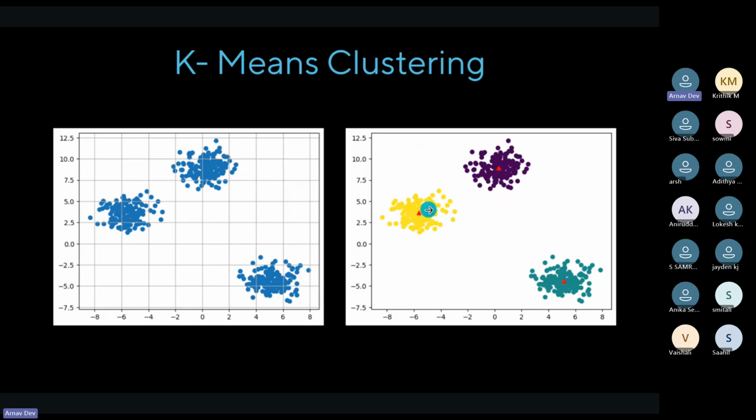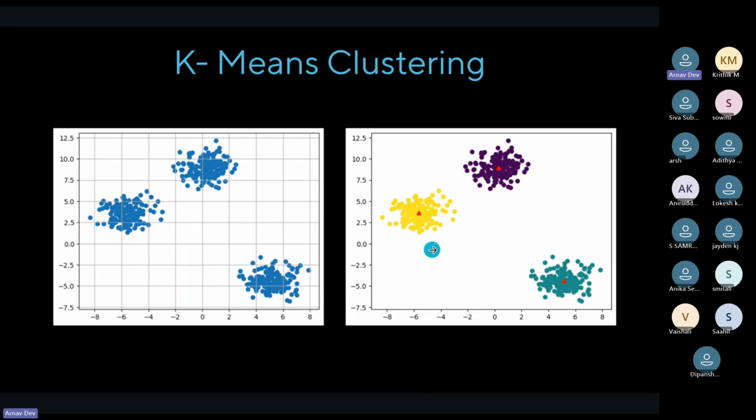And suppose instead of three centroids, I take five centroids or six centroids. In that particular case, the WCSS would decrease because for some of the points I would have a different center and for others I would have a different center. So the value towards the center would decrease.